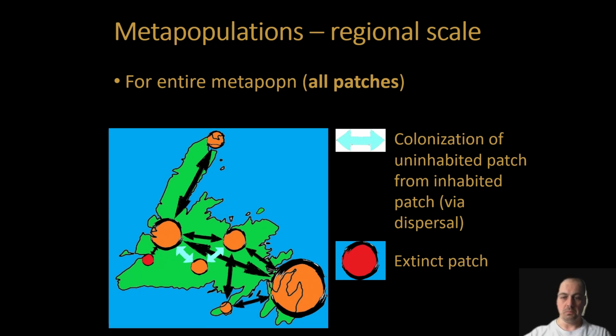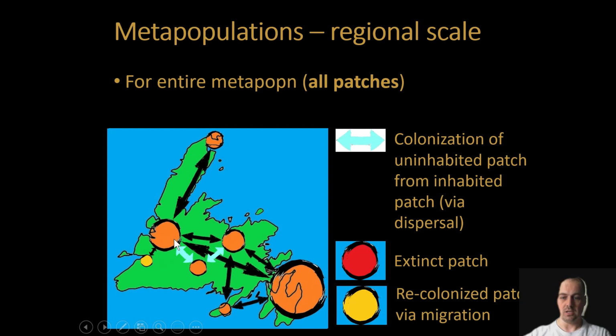So because you have migration, you have a patch right here which is pretty close, and the organisms in it can migrate, and because this habitat is still intact, it wasn't, say, destroyed by a fire, you can actually have recolonization of this extinct patch. So it went extinct, but because of migration, it was recolonized.